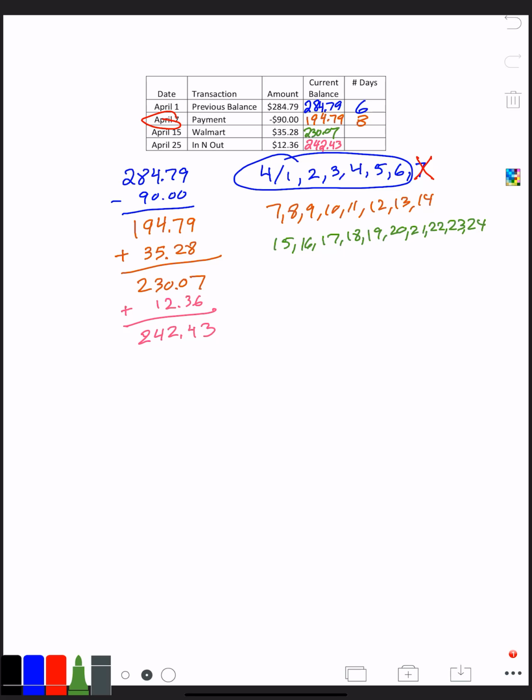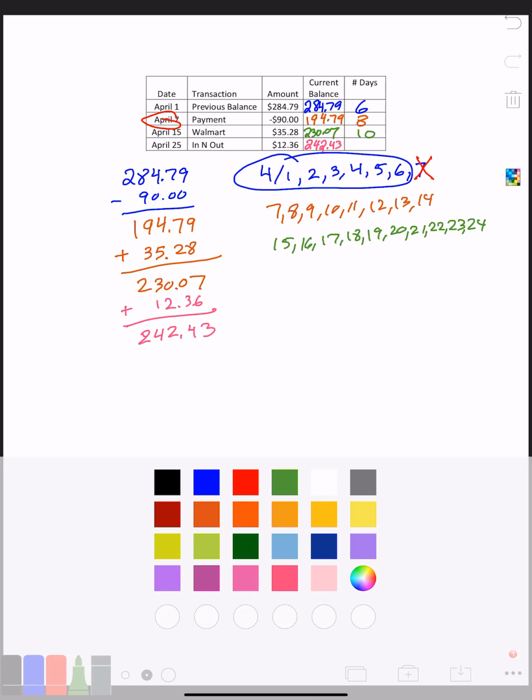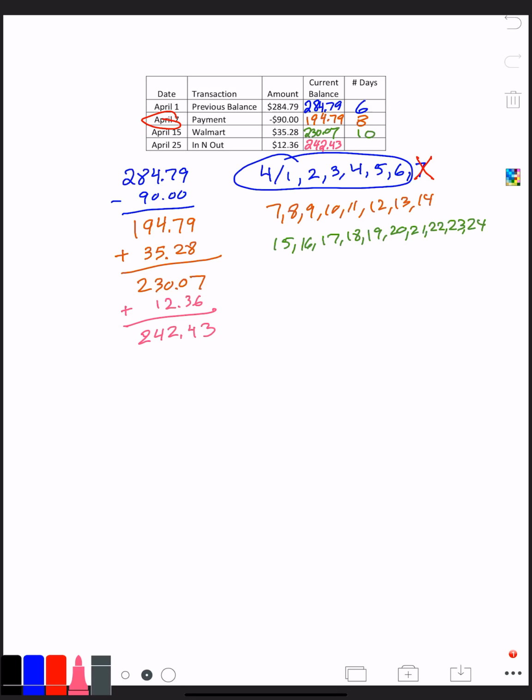That's 10 days there. And finally, we figure out the last ones, April 25th, 26th, 27th, 28th, 29th, and 30. That's 6 days. You can go ahead and check whether you calculated it right, because the total number of days in April is 30, and 6 plus 8 plus 10 plus 6 does give you 30, and so that matches up.